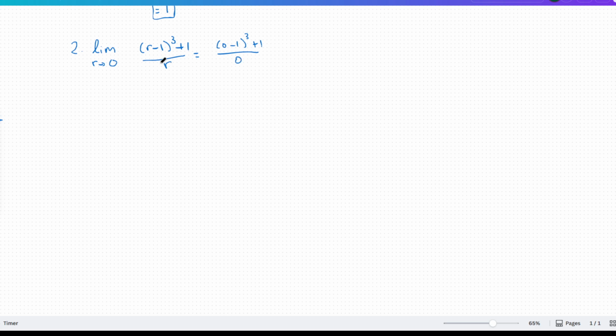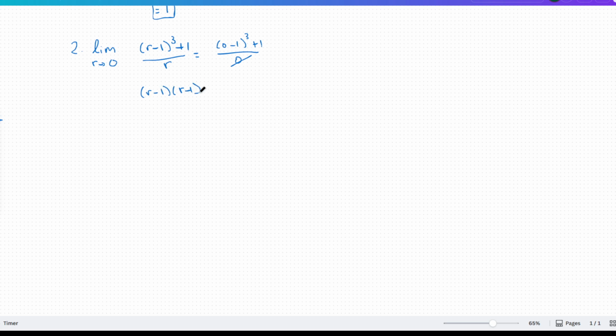We can't solve it at 0 because it's going to be undefined, since 0 cannot be in the denominator of our function. The best way to go about this is to expand our numerator and see if we can get rid of this r. We have r minus 1 cubed, and we'll expand it out.